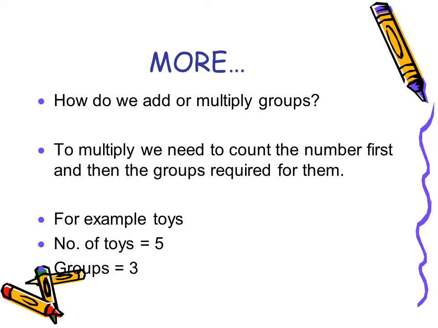So how will we calculate it? The number of toys in each group is 5 and the number of groups is 3. That is 3 into 5, because 3 is the number of groups and 5 toys each. So we write 3 into 5 equals 15.